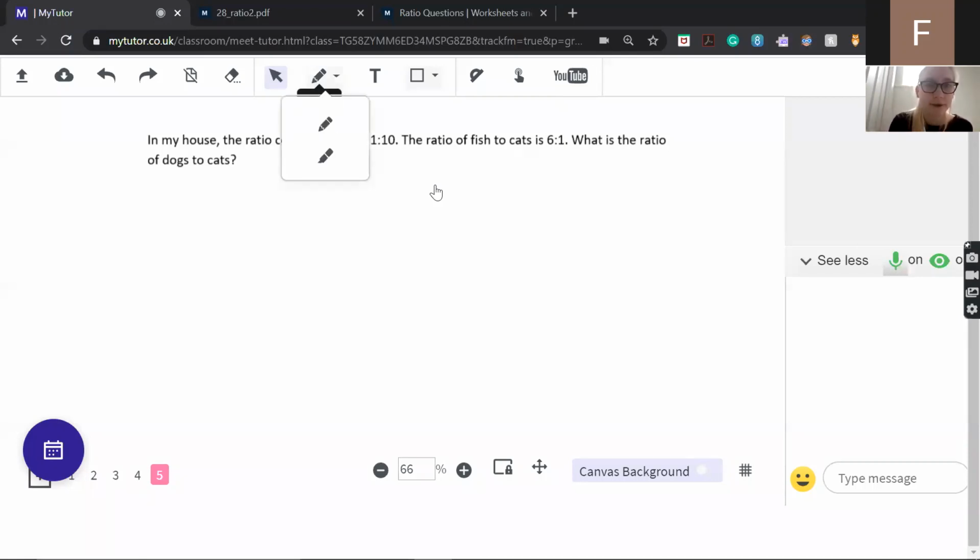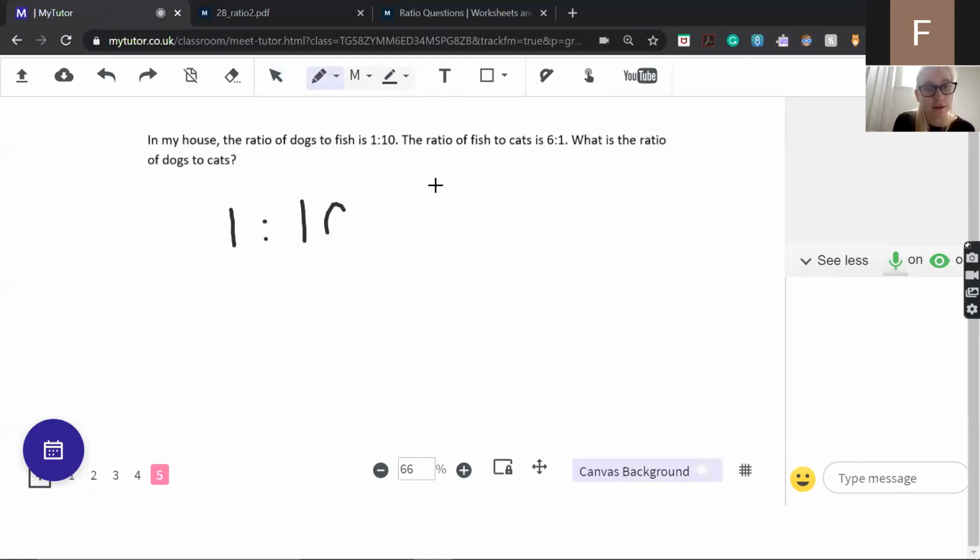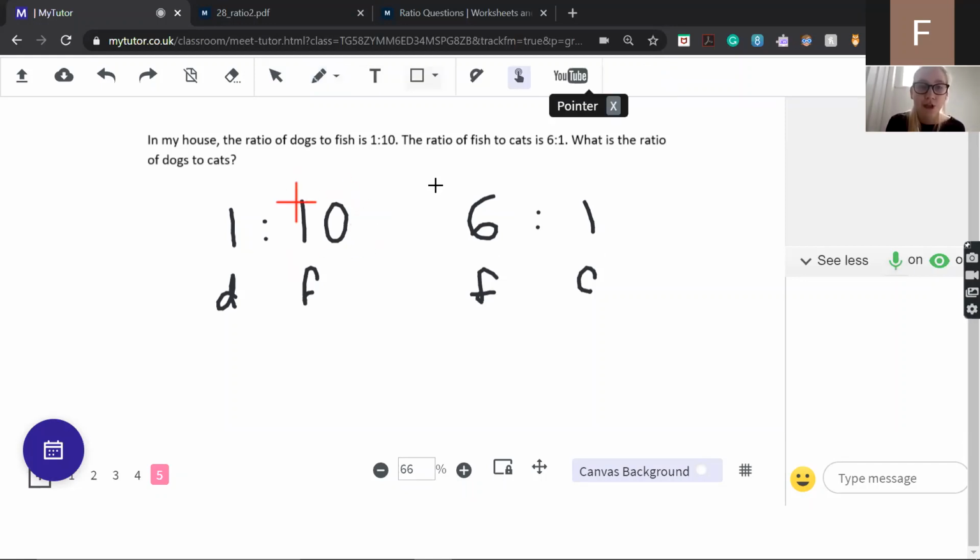So these are quite interesting, but you can think about them in a really nice way, I think. So we've got the ratio of dogs to fish here. And I always kind of write underneath what it is that I'm looking at. And then we've got the ratio of fish to cats. And we always want to kind of combine, like smush together, basically, the ones that are the same. So these are both fish, right?